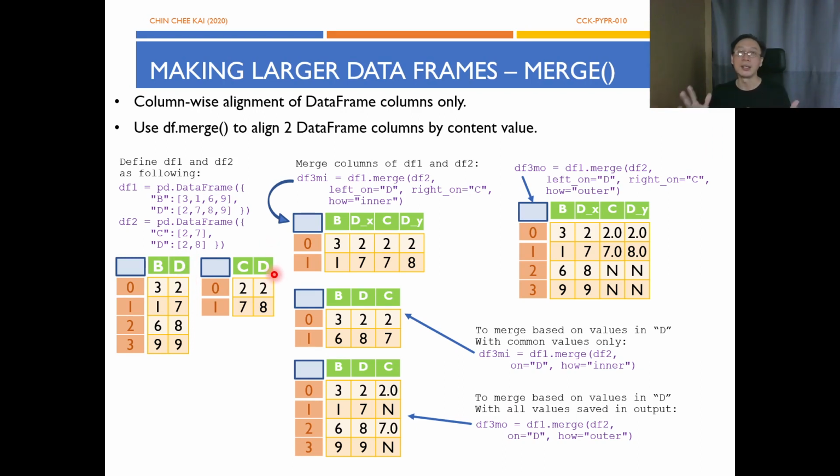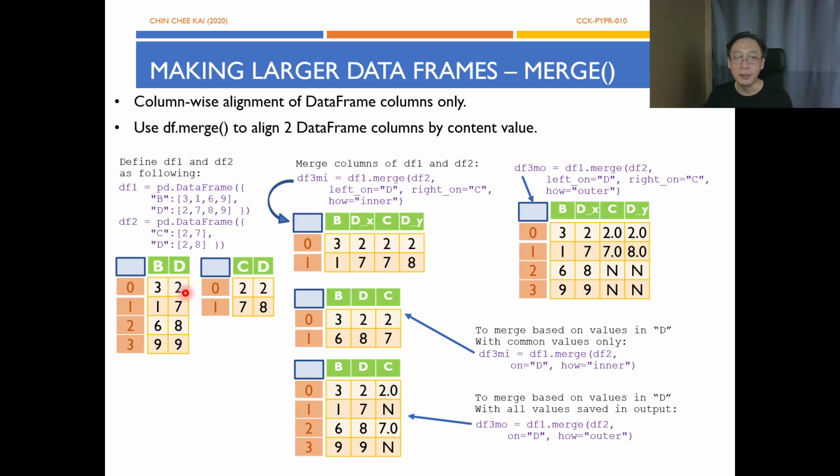So it's very correct in meaning. Then we don't have to really say left on D and right on D. All we need to do is just say on D, and that's it. So it's more like a shortcut. We have an on D here, and the meaning is the same. It's just saying left on D, comma, right on D.